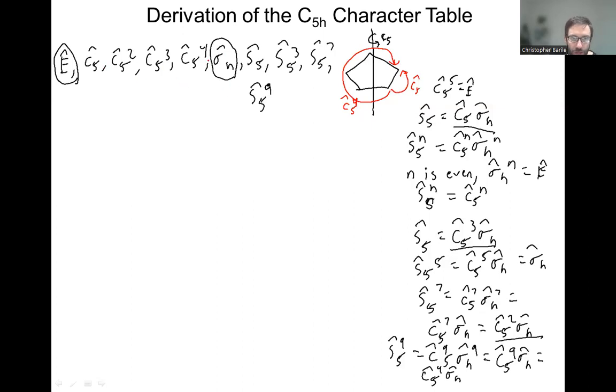All these are going to be in separate classes, and same thing with all the improper rotation axes. So that's how we would write that we have 10 classes and each one has just one symmetry element in it. That's the first step to deriving the character table: figuring out all the symmetry elements and what classes they are in.